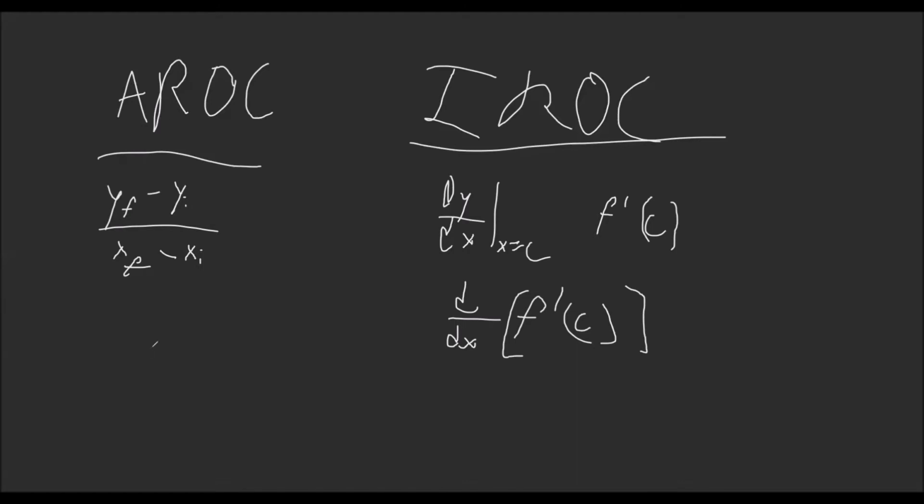And you'll be told to find the average rate of change at a certain point. And as I said, you'll probably come across one question in the entire AP exam featuring AROC. In order to find it, you just take the y at a point minus the y at another point over x at a point minus x at another point.